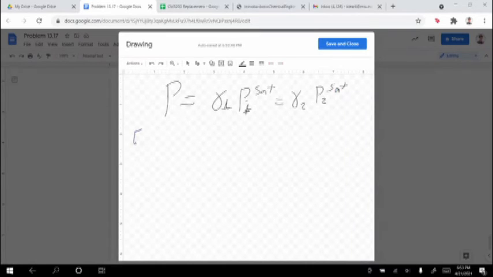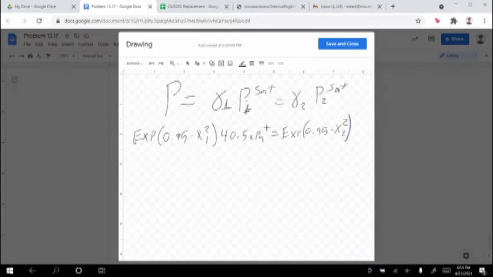So exponential of 0.95 multiplied by x1 squared, multiplied by our saturation pressure, which is going to be 40.5 kPa, is equal to exponential of 0.95 multiplied by x2 squared.